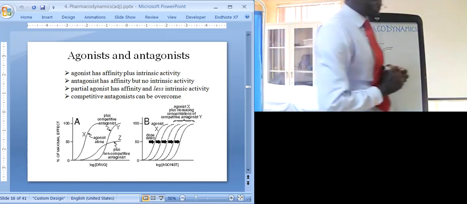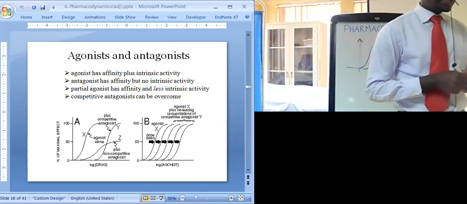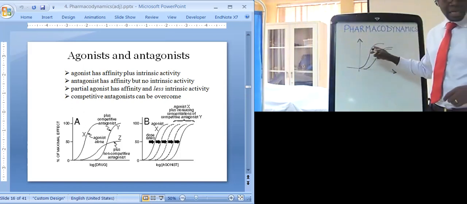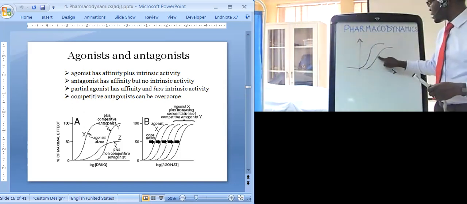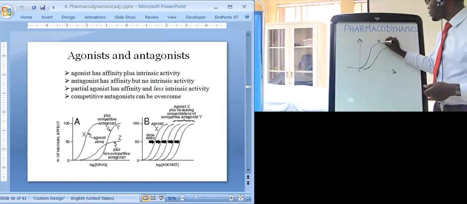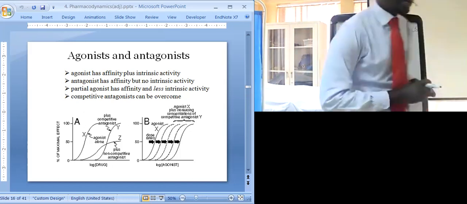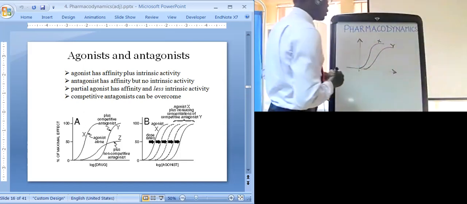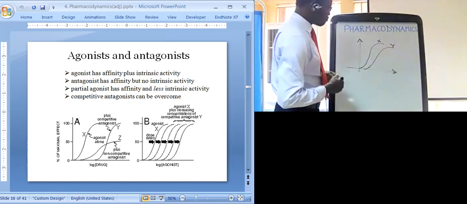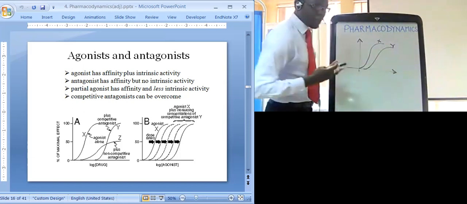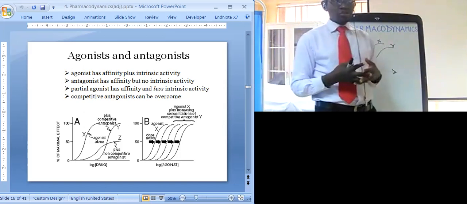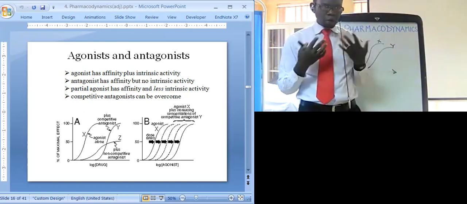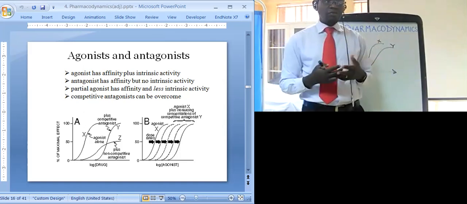So if we have our drug X here, and then we give an antagonist Y, maybe the first thing that you should know is that an antagonist basically blocks the activity of an agonist.